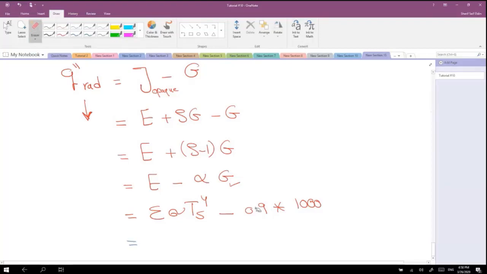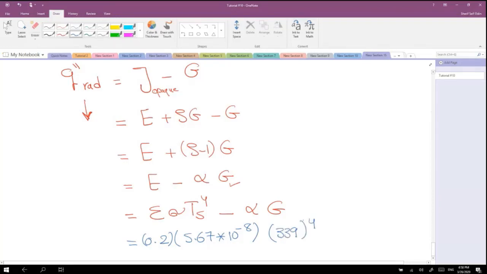Let's write it this way: E minus alpha G, and here I'm going to substitute numbers. That is 0.2, sigma is 5.67 multiplied by 10 to the negative 8, T surface was 339 to the power 4, minus alpha multiplied by 1000.